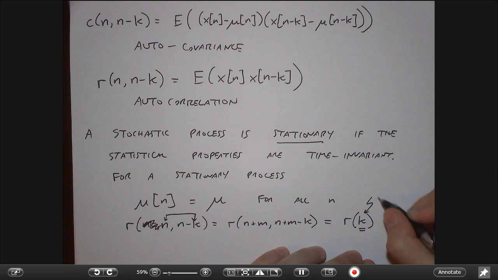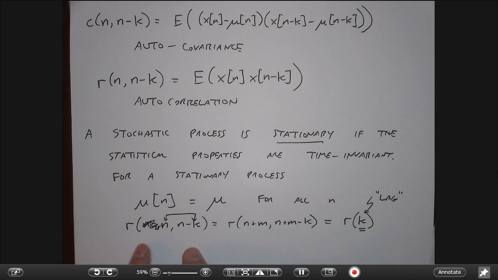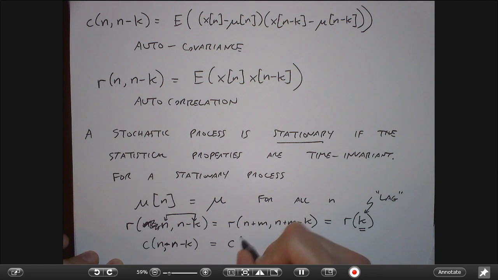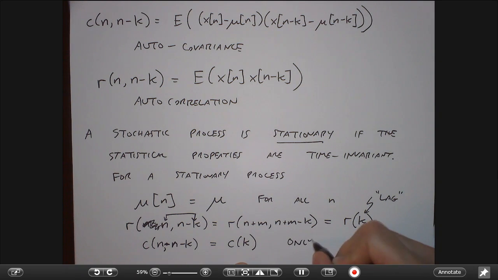And sometimes this k is called the lag, right? So that means that if I look at the distance between these two numbers, I have a single number that defines the covariance. And in the same way, the autocorrelation is similarly just a function of k. So it only depends on the difference in time, not the actual time that I look at it.